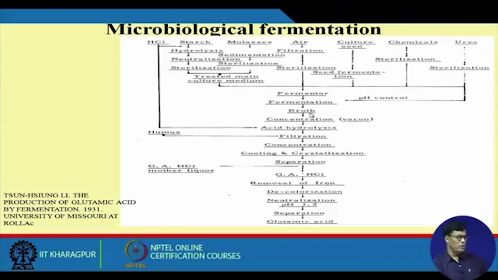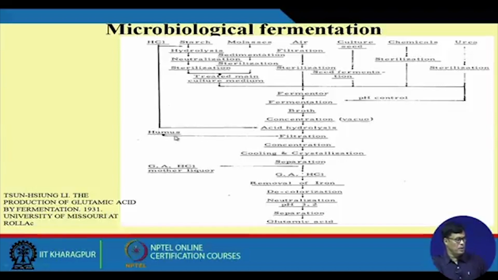Now after fermentation is over, after 36 to 48 hours, we get the fermentation broth. Then we concentrate it by vacuum and again add acid for acid hydrolysis. Here also, like protein, where we have seen gluten and other molecules, when you do the acid hydrolysis, carbonaceous material like humus is formed.